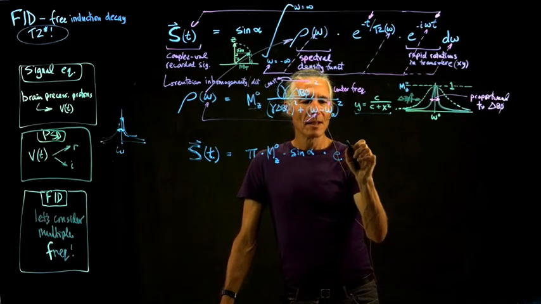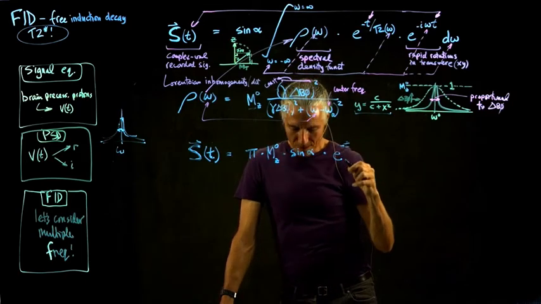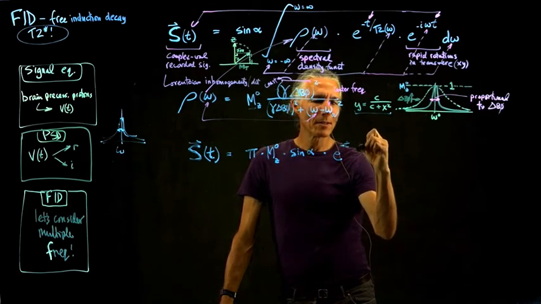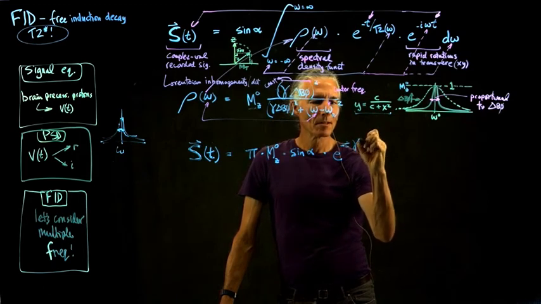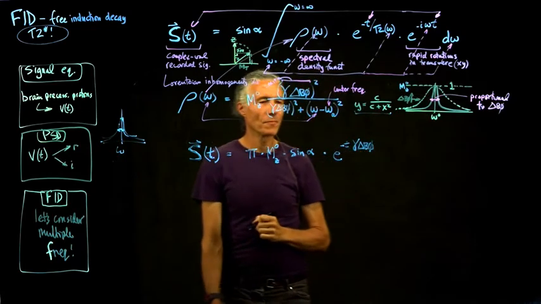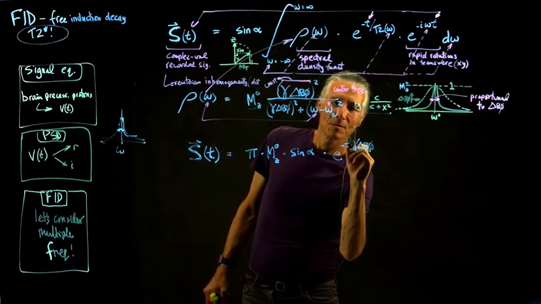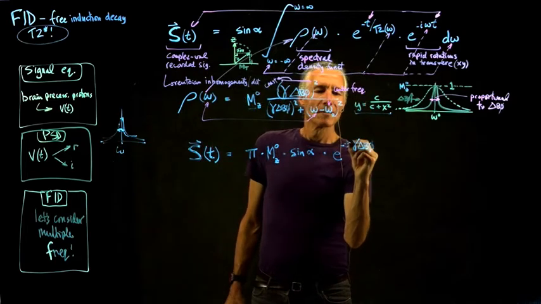So we have e to the minus t, but then we're going to be multiplied by this delta B0.